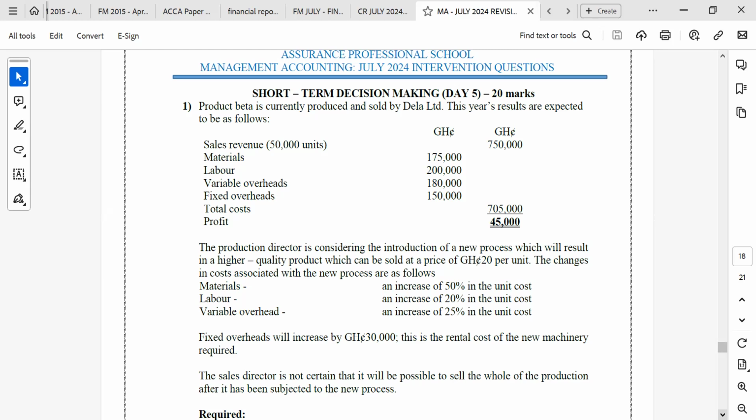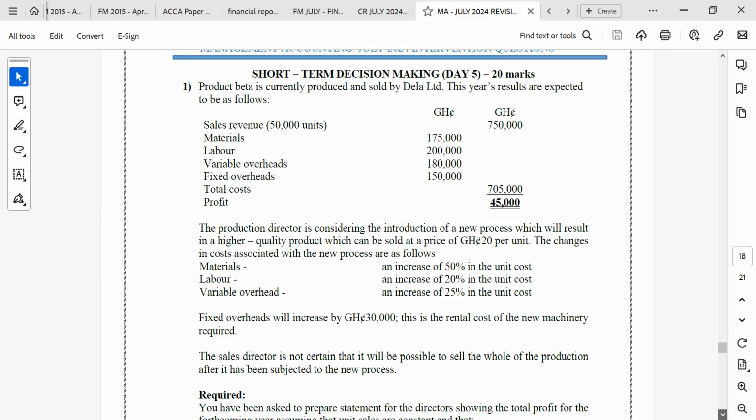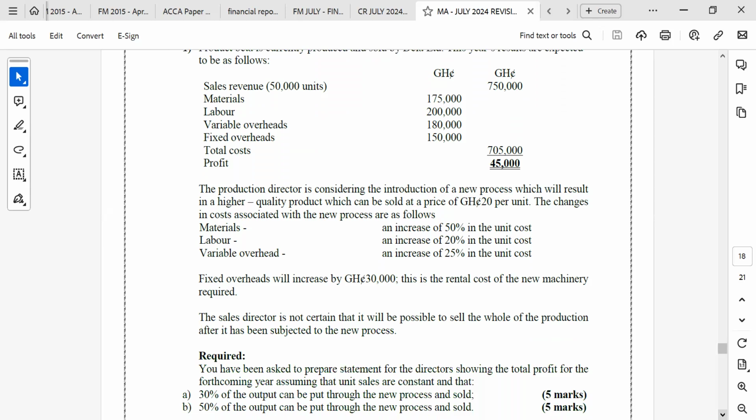The changes in costs associated with the new process are as follows: material, an increase of 50% in the unit cost, labor, an increase of 20% in the unit cost, variable overheads, an increase of 25% in the unit cost. Fixed overheads will increase by 30,000 Ghana cedis. This is the rental cost for the new machinery acquired.